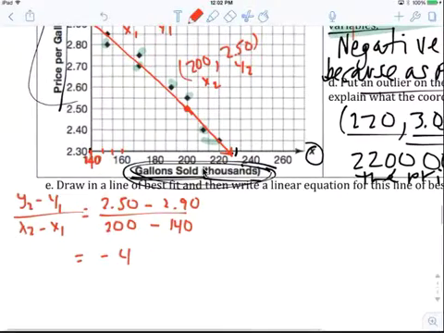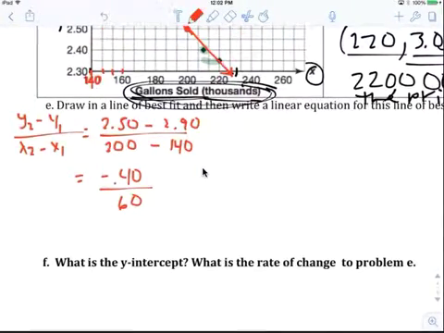Negative 0.40 over 60. Use your calculator. You don't want decimals and fractions, so make sure you use your calculator for this.